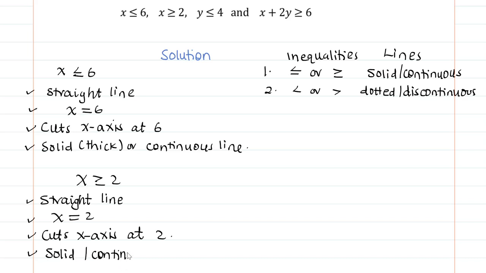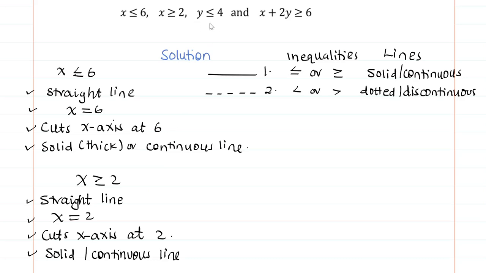And here we mean that if we say continuous, like that is the line. But if we say dotted or discontinuous, then the line is like this. It is a dotted line in that manner. So we have done the one for the second inequality.